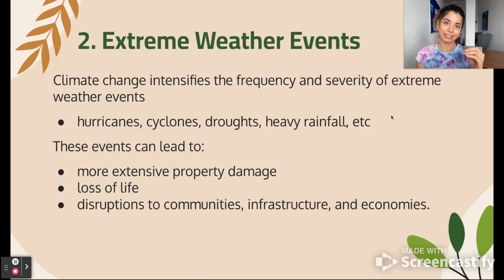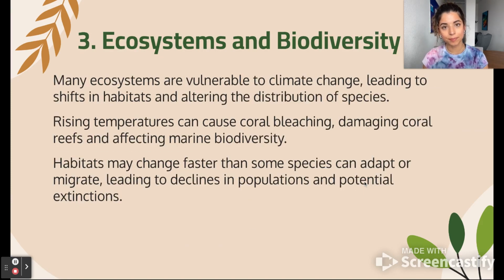But not having that typical range of weather and seeing the extremes more often is definitely one of the big impacts. Ultimately, this can lead to property damage, infrastructure damage, loss of life. That's a big one, right? Like the implication for how this affects humans and our societies, and also disruptions to communities, infrastructure, and economies.